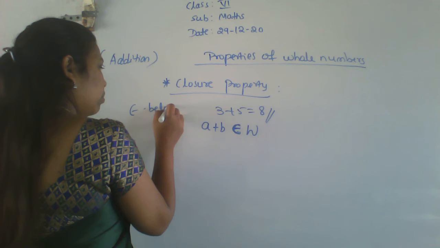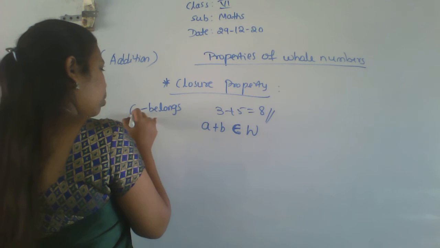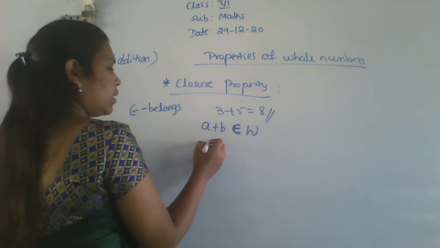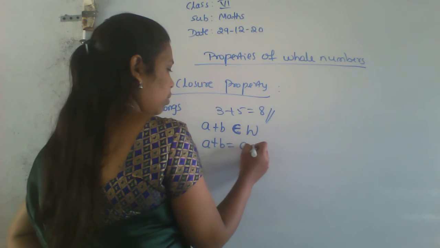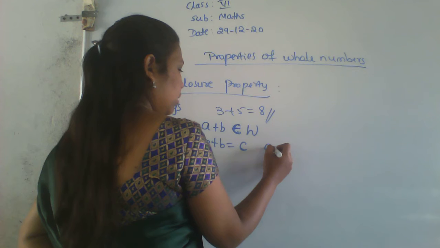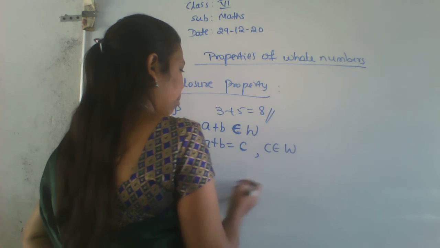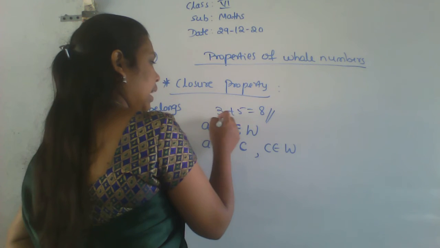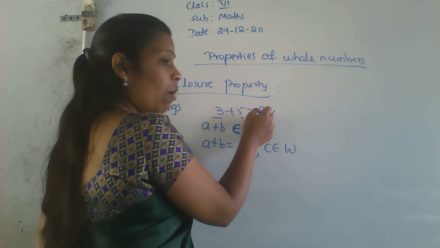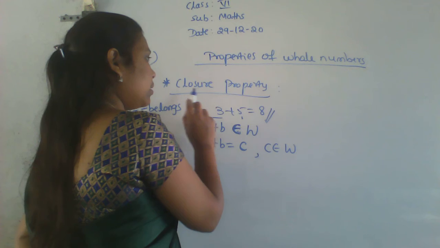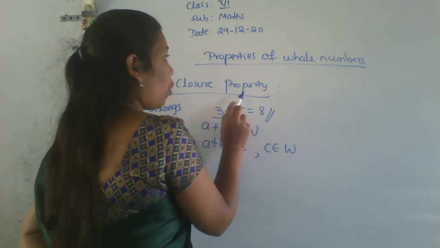Belongs means it is a member of that set. Then A plus B is equal to C. That C also belongs to whole number. Means 3 and 5 are whole numbers, then the sum should always be a whole number only. That is called the closure property.